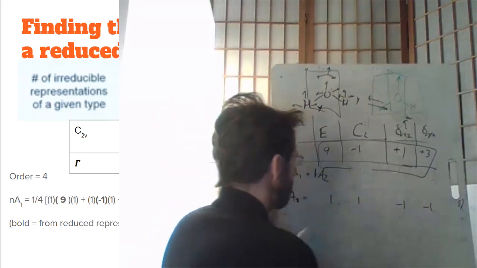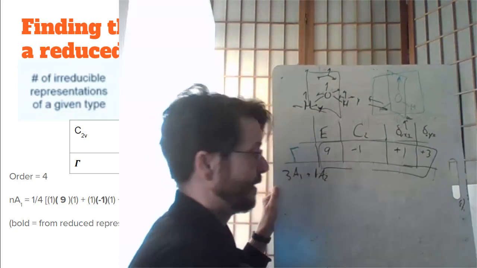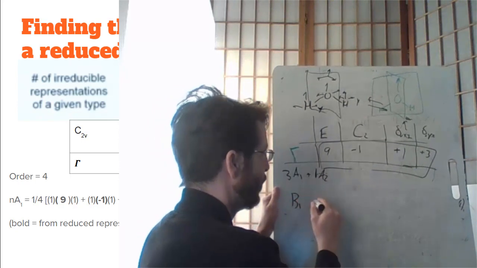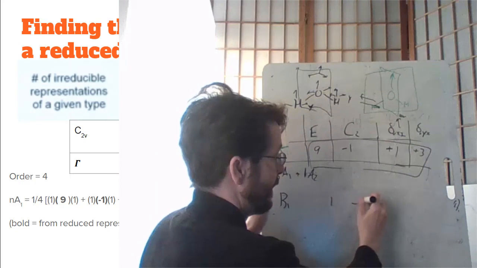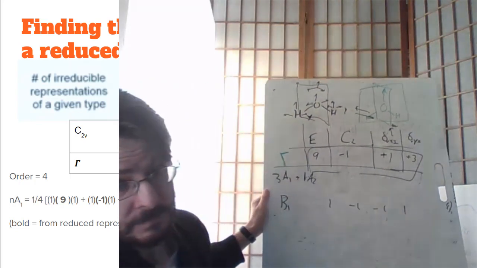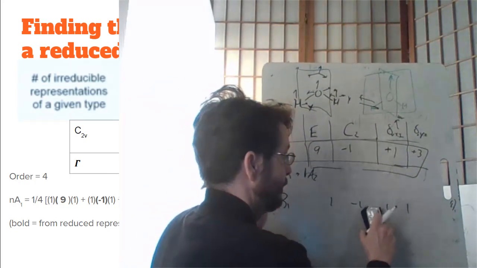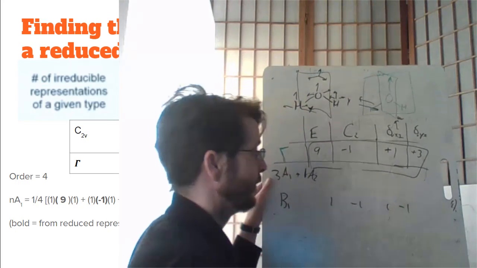So we can do this for the next one, B1. Right? B1's character reduced representation in this case would be 1, negative 1, negative 1, 1. Oops, sorry, 1, 1, 1, negative 1. All right.